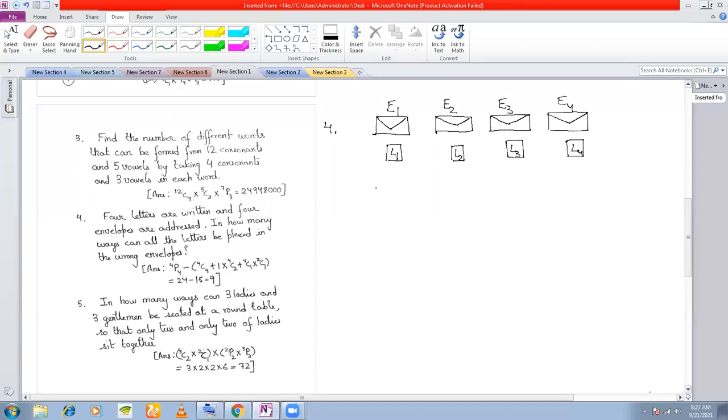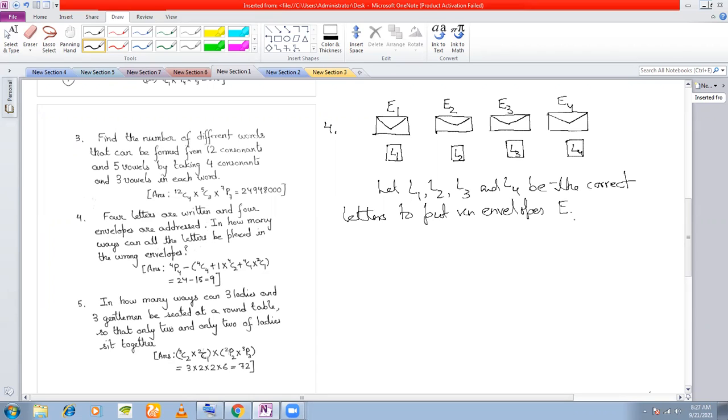Okay. So let L1, L2, L3, and L4 be the correct letters to be put in envelopes E1, E2, E3, and E4.